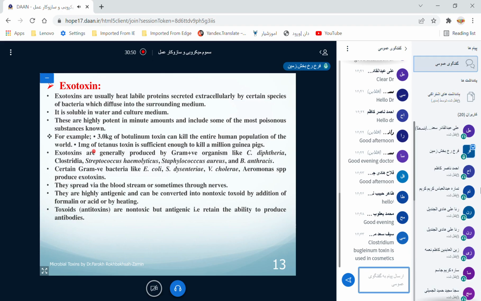Only 3 kilograms of botulinum toxin can kill all the people now alive in the world. If we have another toxin, for example, tetanus toxin, tetanus is another exotoxin, which is produced by Clostridium tetani.